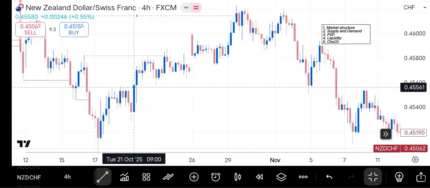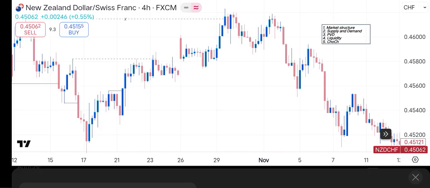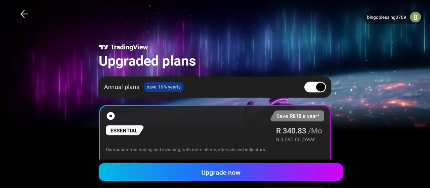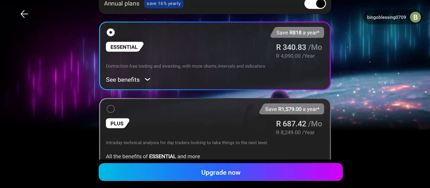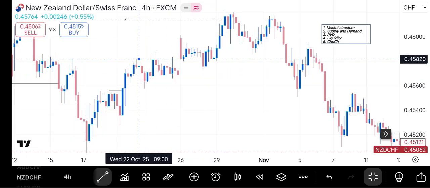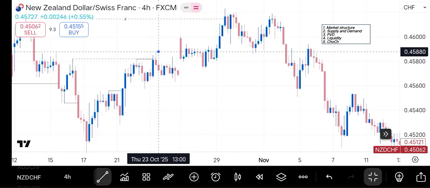Okay, so that was your breaker structure up. Your second breaker structure up. Another one here.